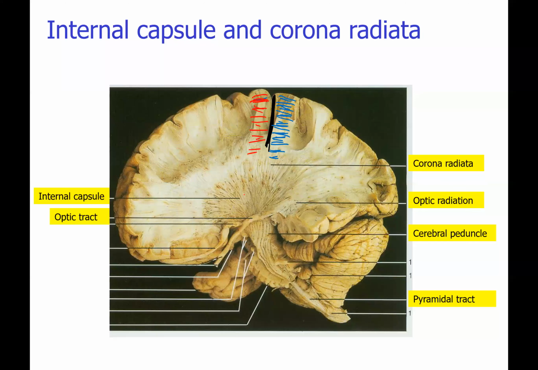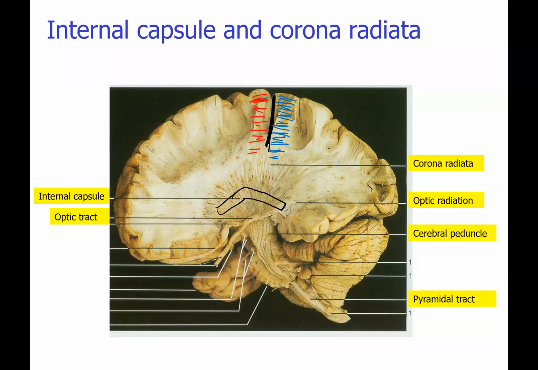Now, the internal capsule is this area. Draw it in black color. Internal capsule is this area. It's like this. Okay, it has an anterior and posterior limbs and a genu. Genu again. Genu is a bend. Okay, you can see that.